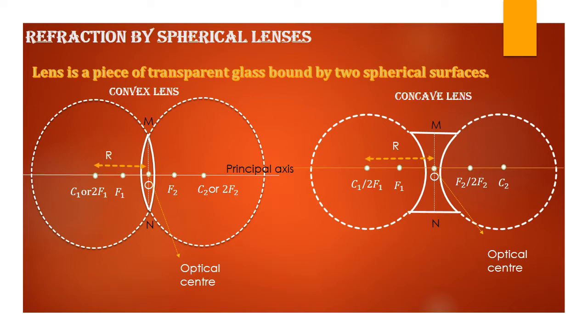Since there are two centers of curvature, we may represent them as C1 and C2 or 2F1, 2F2. An imaginary straight line passing through the two centers of curvature of a lens and perpendicular to both the faces of the lens is called its principal axis. The central point of a lens is called the optical center, represented by the capital letter O.